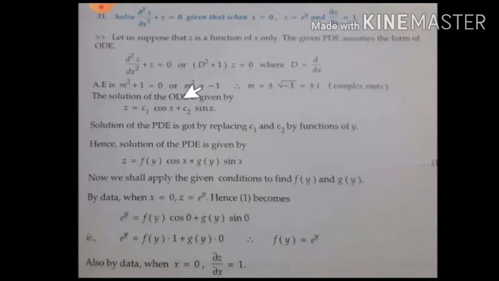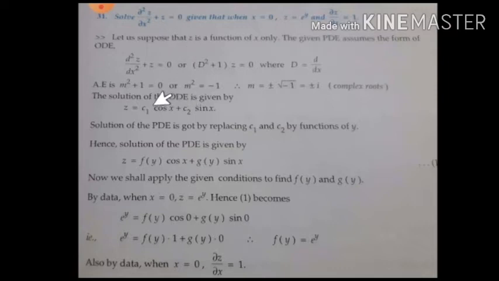So we obtained the solution of the ordinary differential equation just by considering z as a function of only x, which is an assumption. We know C1 and C2 are the constants we write in the case of a differential equation with respect to only one independent variable. But when it is a partial derivative, the other independent variable is treated as constant.